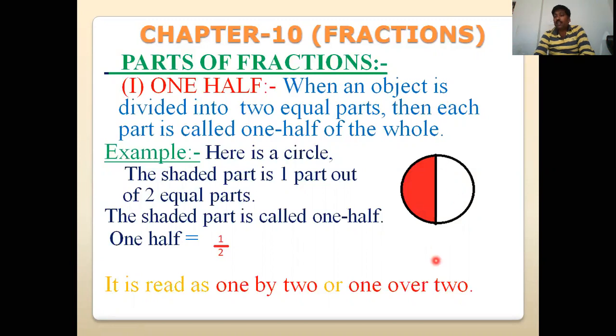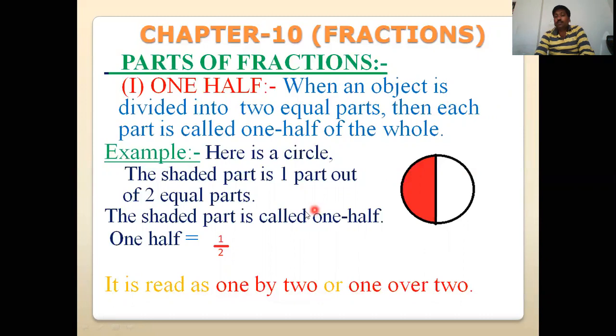If we want to write the shaded part, how can we write it? First, we count the number of shaded parts: 1 is here, and 2 is the total number of parts. It is read as 1 by 2 or 1 over 2.